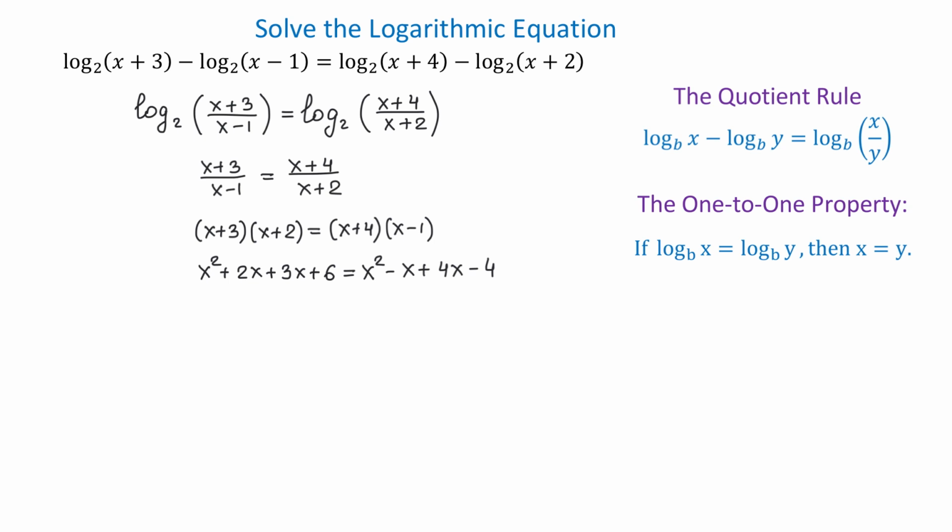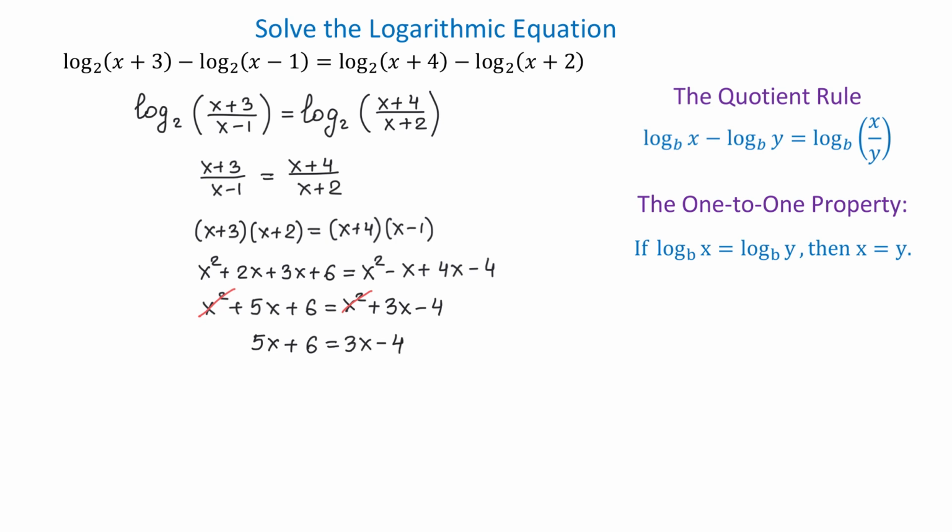When we combine like terms on each side, we get x squared plus 5x plus 6 equals x squared plus 3x minus 4. Now notice that each side has x squared, therefore we will cancel it. And now we have 5x plus 6 equals 3x minus 4.